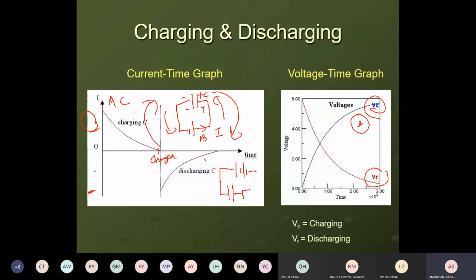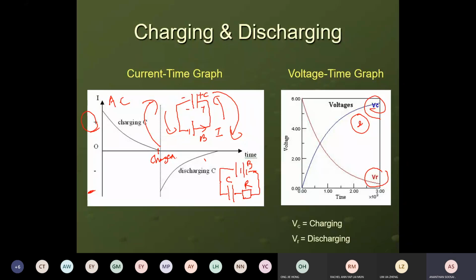We will have a resistor in the circuit, so there will be a battery, a capacitor, and a resistor to charge the capacitor.